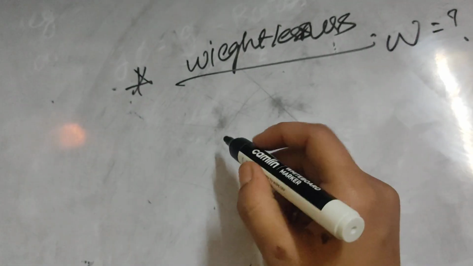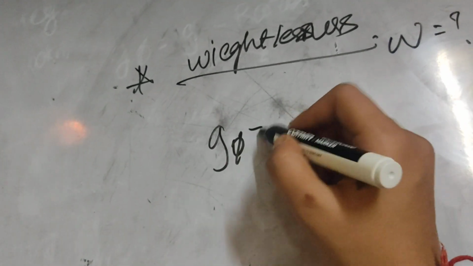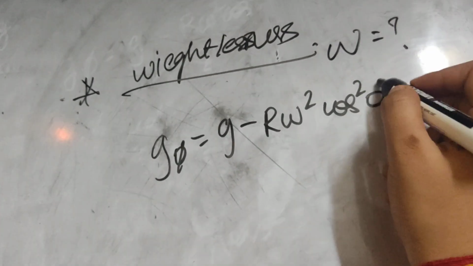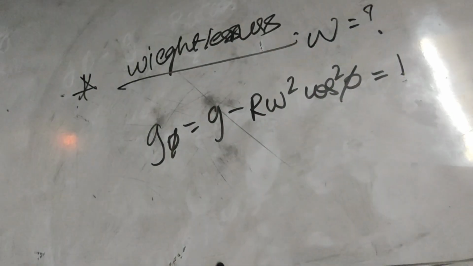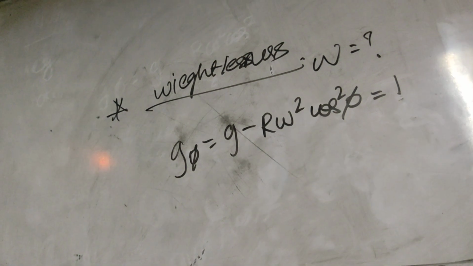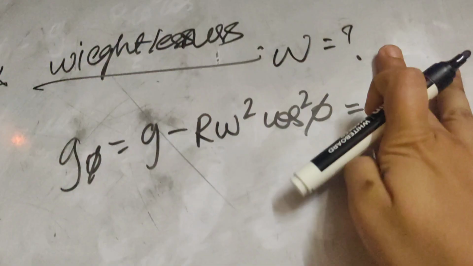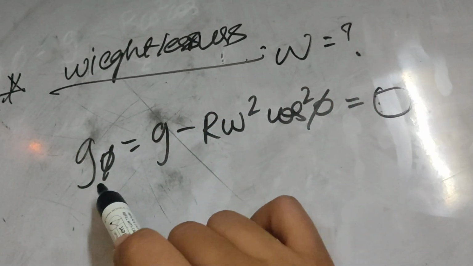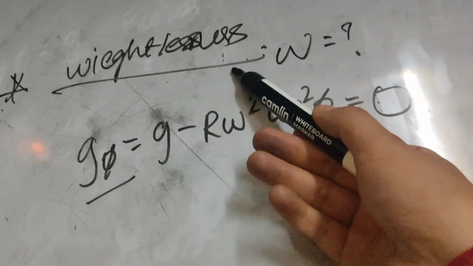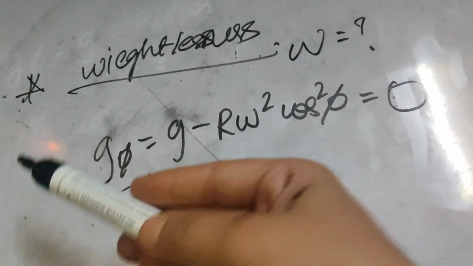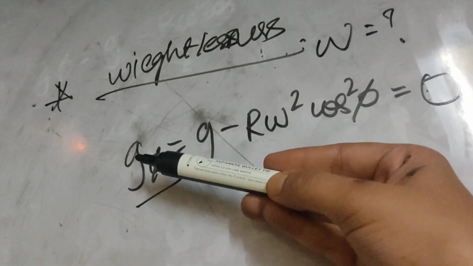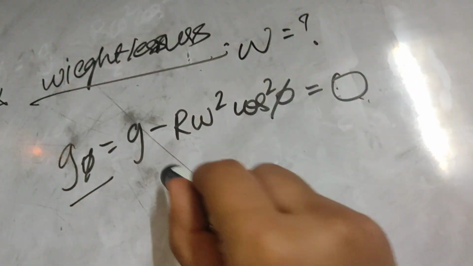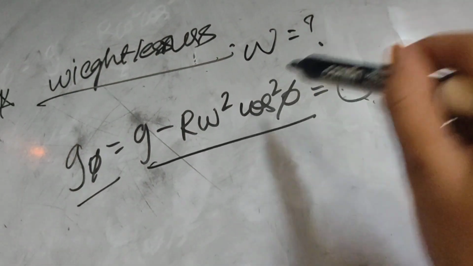That time what you need to do in this formula, g phi is equal to g minus R omega square cos square phi, is equate this to 0, because you are feeling weightlessness. It means g phi, there is no gravity. Weightlessness means you are not feeling any weight on yourself. So the acceleration due to gravity value turns out to be 0. So this formula you need to equate with 0.